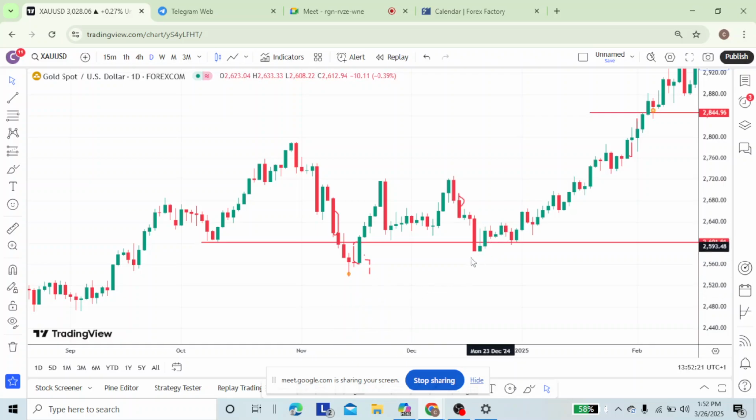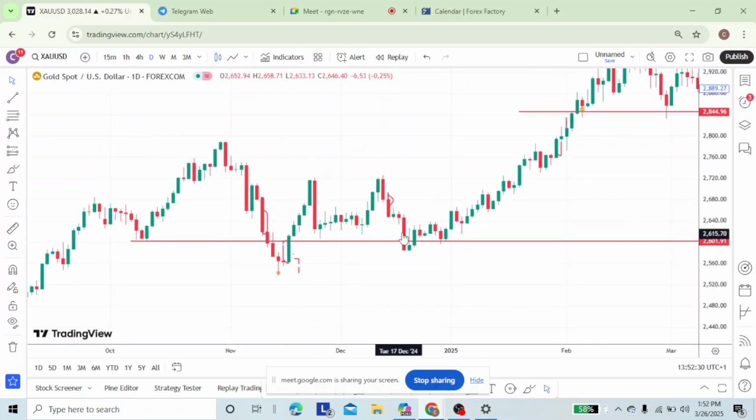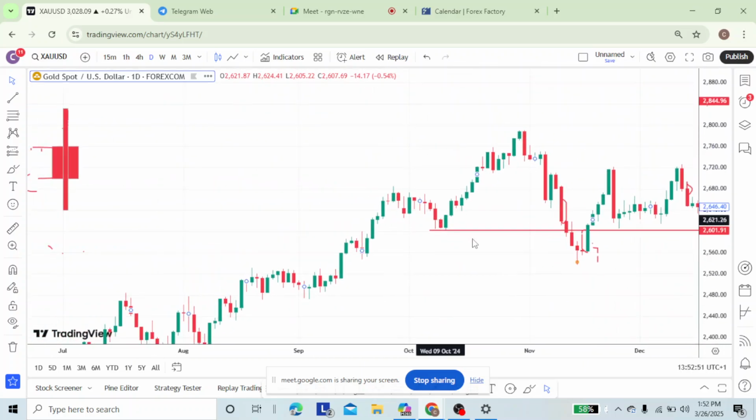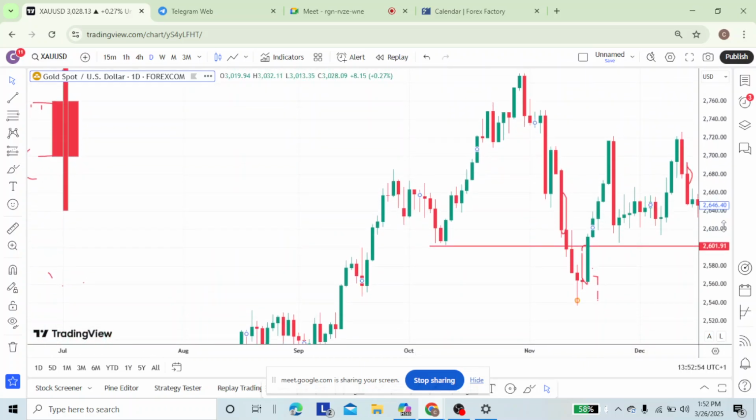Is it the pin bar or hammer at the top here, at the end of the line? Okay, here. Yes. Have you seen it?